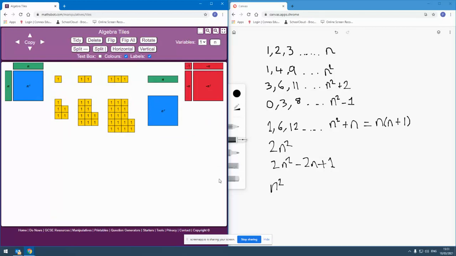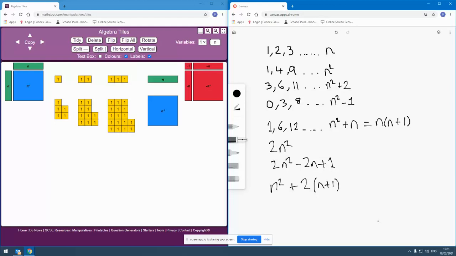And then what I've got is 2 rows underneath each square, which are one more than the length of the square.